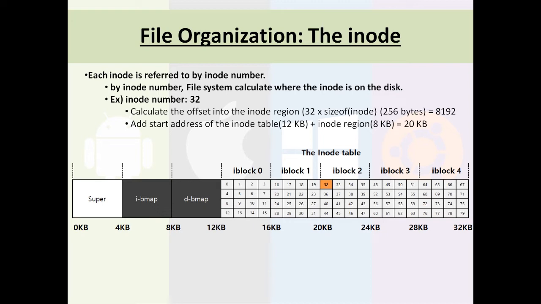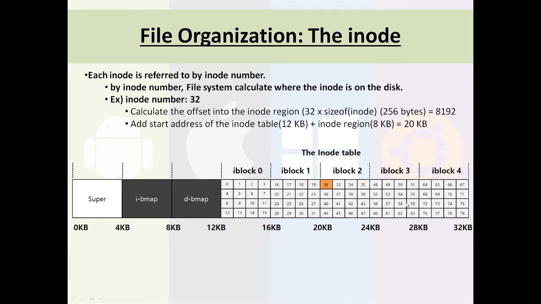For example, the inode table is of size 20 kilobytes. That's 5 4-kilobyte blocks. Remember, originally we said that all our blocks are 4 kilobytes, and you can see that 5 times 4 is 20.